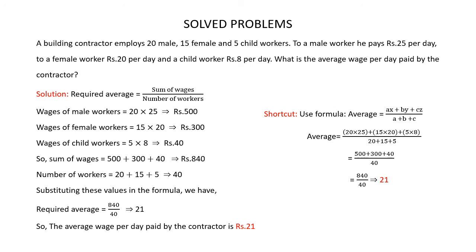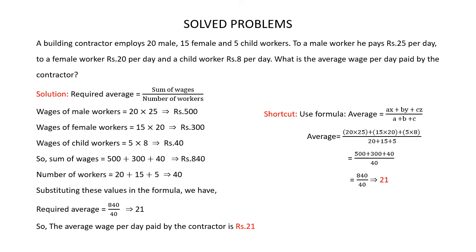So substituting these values in the formula, we get average is equal to 20 multiplied by 25 plus 15 multiplied by 20 plus 5 multiplied by 8, divided by 20 plus 15 plus 5.